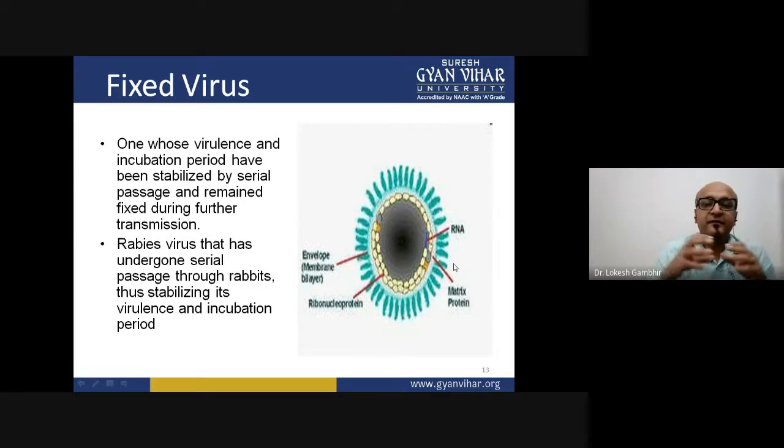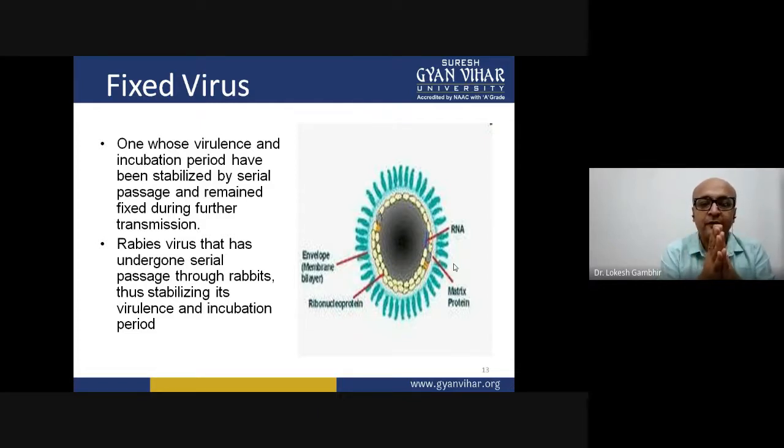See, when the rabies virus is taken into the laboratory and goes through multiple passages through different animals, with an aim to stabilize its virulency and incubation period. That means I am putting effort in order to rationalize a wild type virus and define its incubation period so that it follows the same incubation period always.